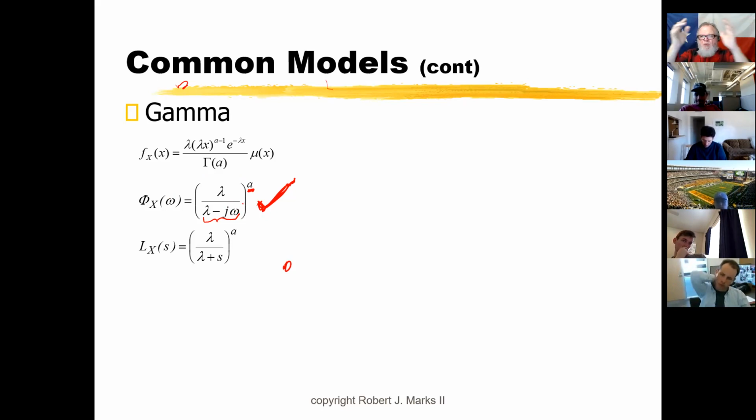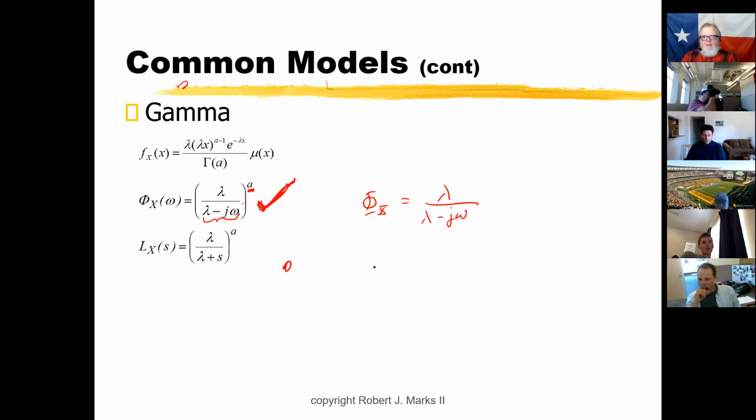And you add up those random variables, you're going to multiply their characteristic functions.